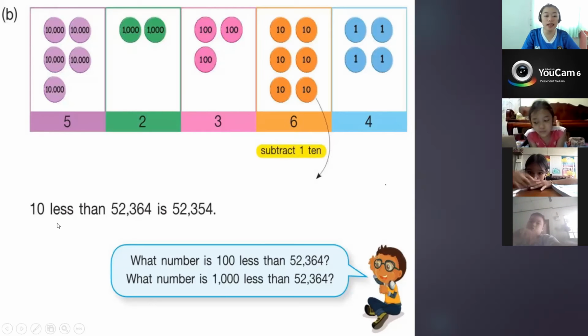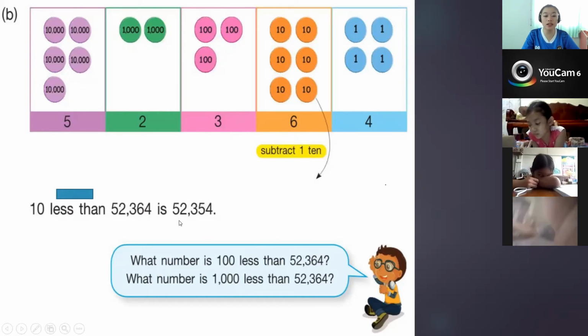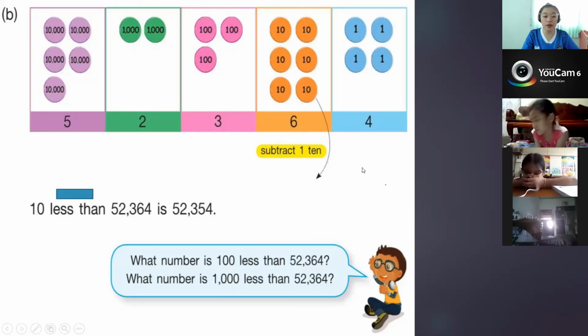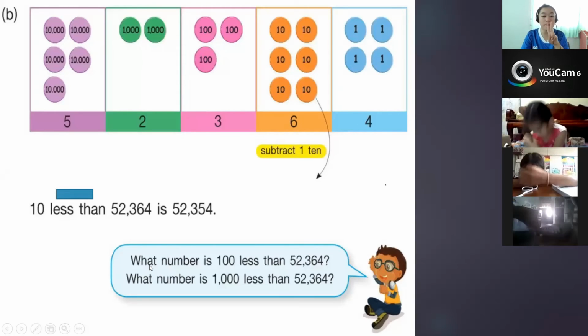When we say less than, this is subtract. You're going to minus. So 10 minus 52,364 is equal to 52,354.